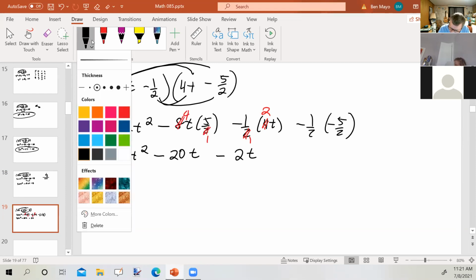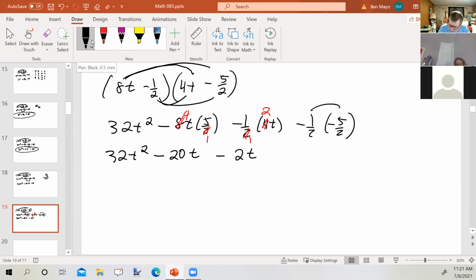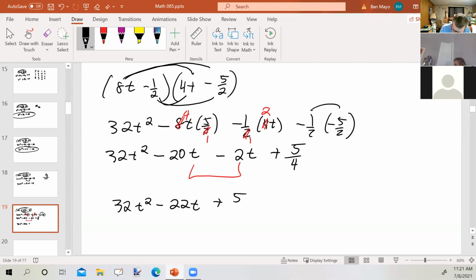And then finally, multiplying fractions together, let's see, negative times negative is positive. We multiply straight across, 5/4. But we can still combine like terms. So we've got 32t squared minus 20t minus 2t is minus 22t plus 5/4.